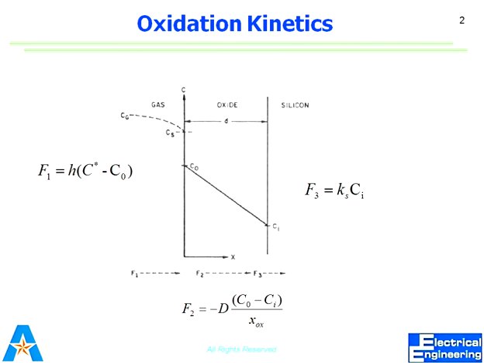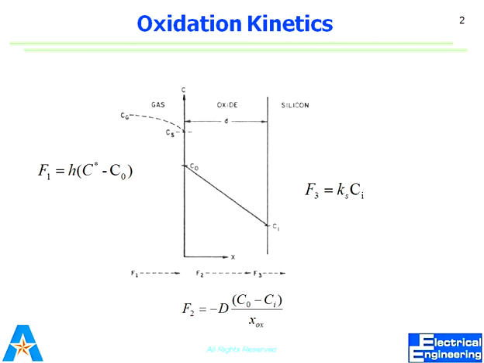Okay, so when they react with each other, it depends upon Ks, which is the reaction rate constant. So F3 is Ci, whatever the concentration is at the inner surface, multiplied by Ks. How do we get Ks?